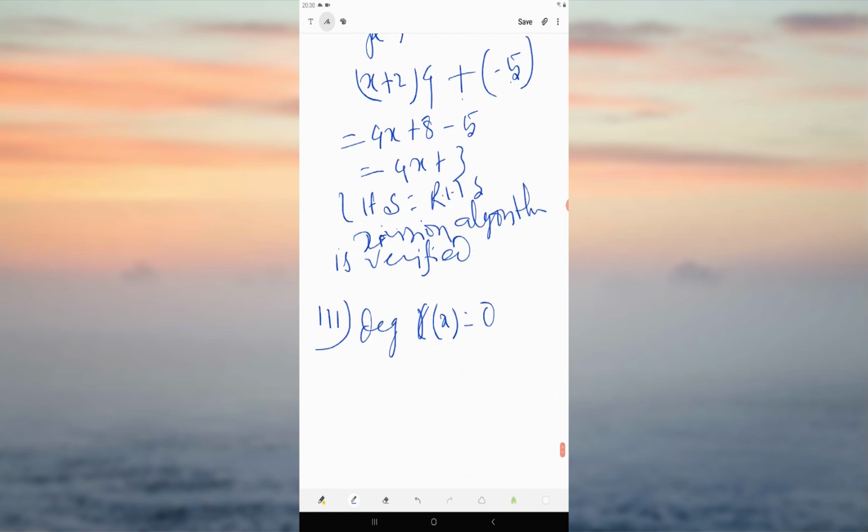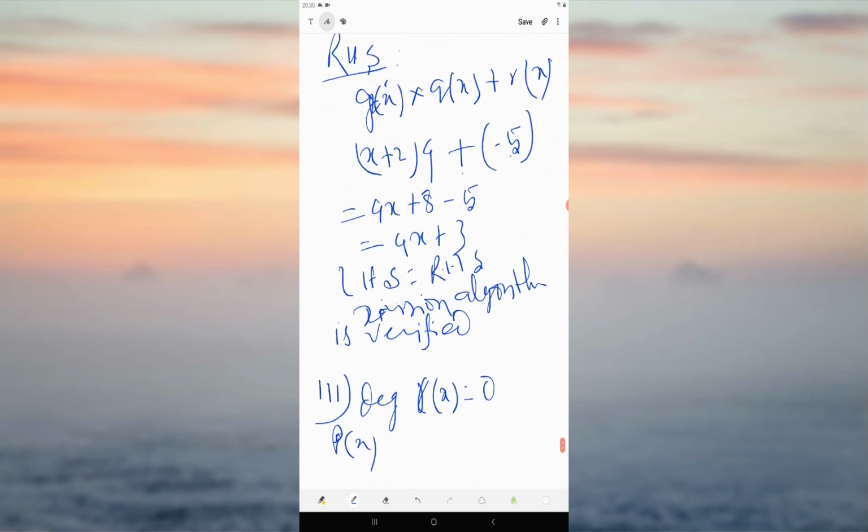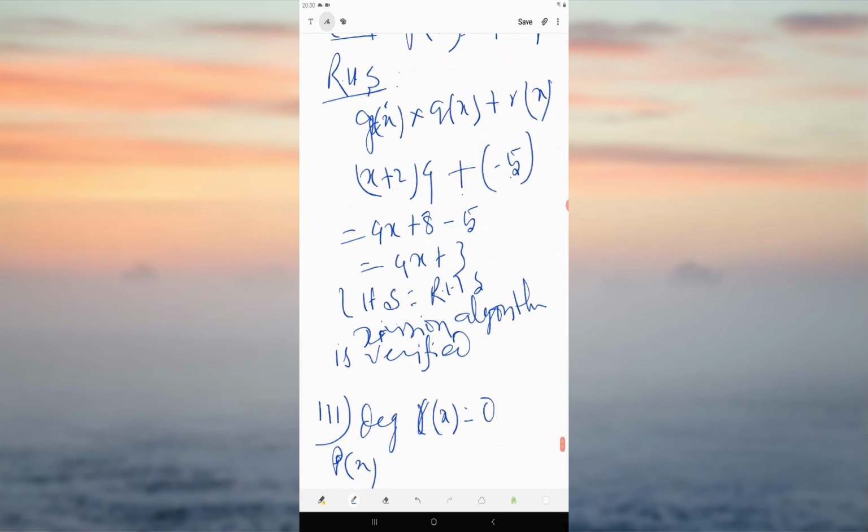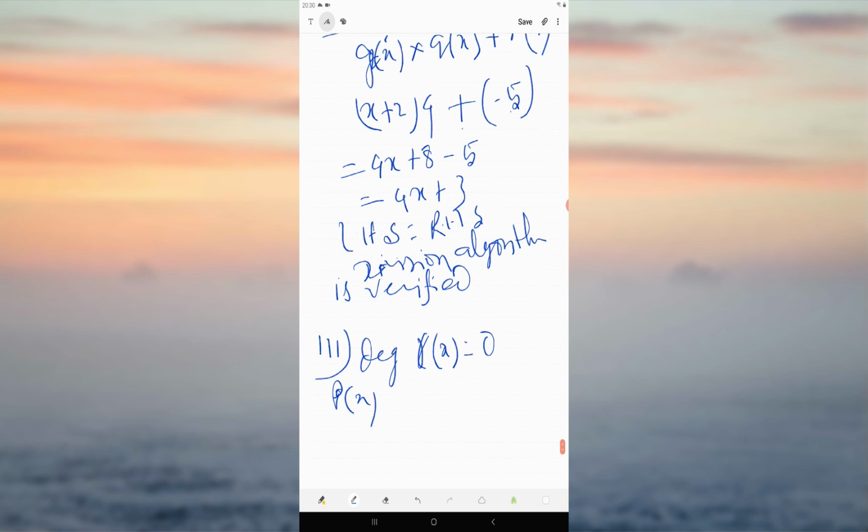This can be taken as an example of the above also, where we did 4x plus 3 and g(x) as x plus 2. So let's consider p(x) the same, because in the previous case also, the degree of r(x) is 0, correct?